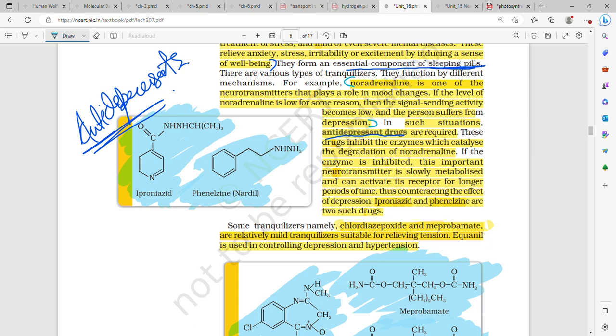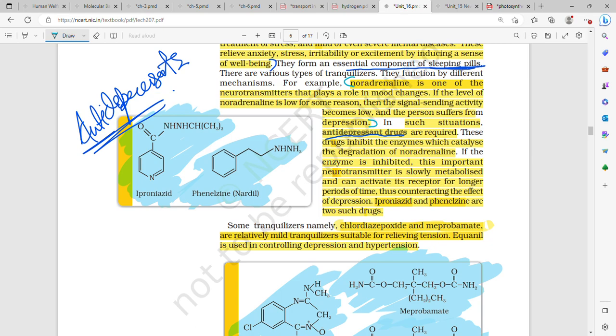So in such cases, antidepressants are required. What do antidepressants do? They inhibit the enzyme which catalyzes the degradation of noradrenaline. So basically, noradrenaline is becoming low due to some genetic factors or whatever.